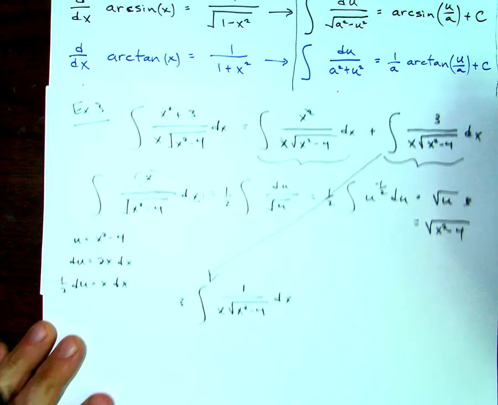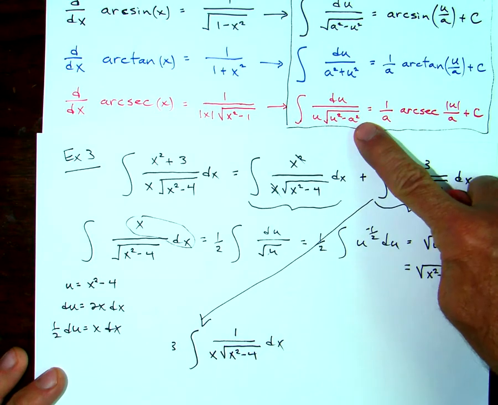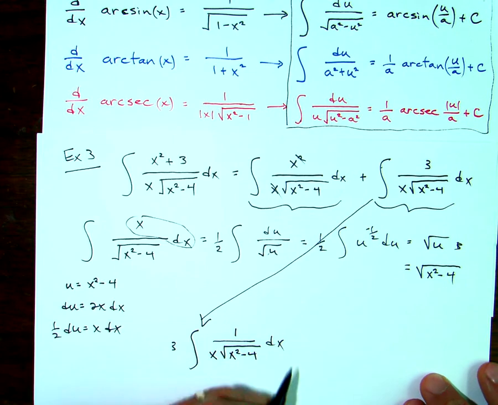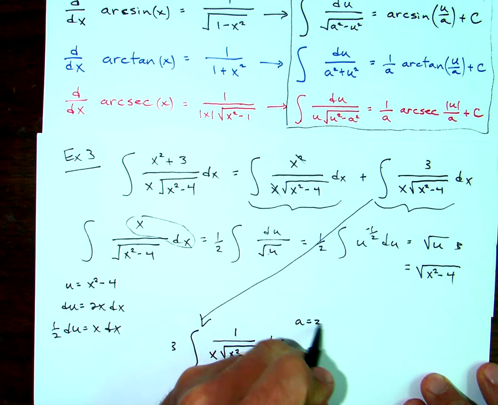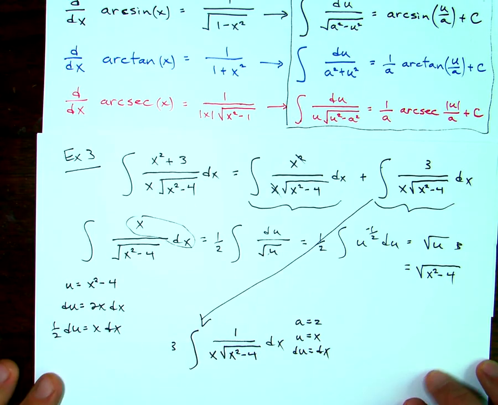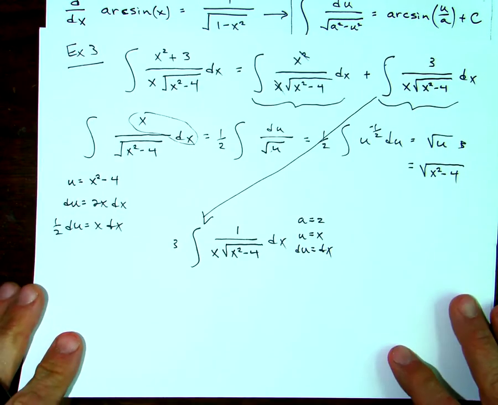Notice that actually fits this pretty perfectly. The only thing we have to consider is that a has to be 2, right? So a equals 2, u is just x, so du is dx. Alright, so let's go ahead and finish this one up then.